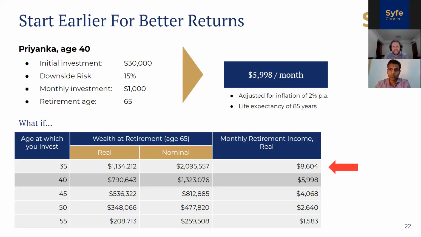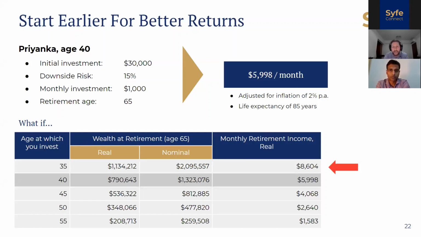As you can see there, if she was to just start 5 years earlier, she could increase monthly retirement income to $8,600. So that is quite a significant jump, over $2,000 there, or over a third. So she can increase monthly retirement income by over a third just by starting a little bit earlier.